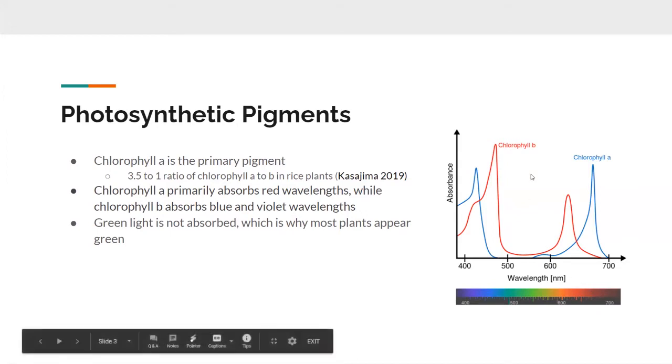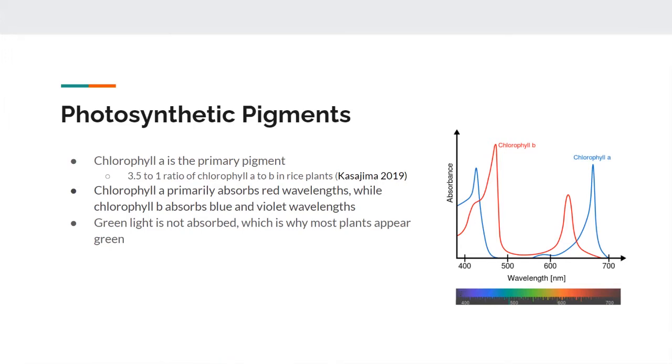We also looked at chlorophyll B, which absorbs the blue and violet wavelengths. Chlorophyll A is the primary photosynthetic pigment in plants, and chlorophyll B is just an accessory pigment.